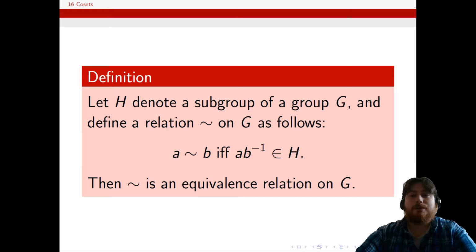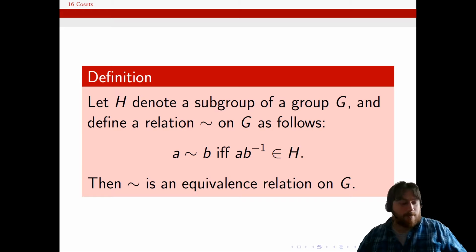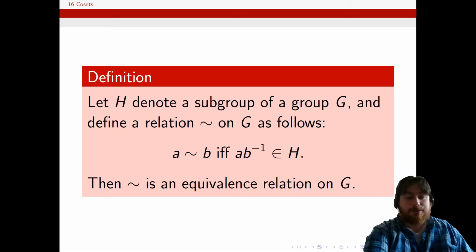So we'll have a group G, we'll have H as a subgroup, and then we're going to define a relation, which I'm just calling equivalent here. And I'm going to say A is equivalent to B if AB inverse is in my subgroup H. And what I claim here is that it is an equivalence relation. So the first thing we should do is actually show that it's an equivalence relation.